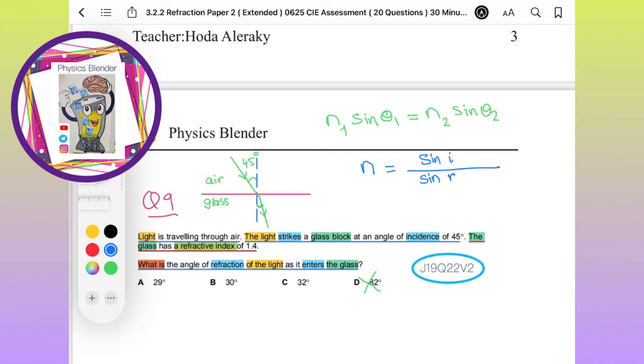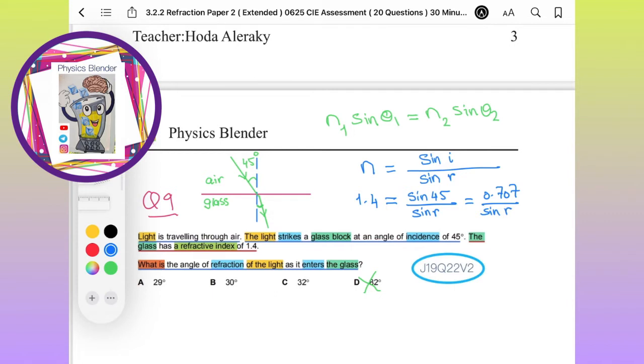When you apply this, the refractive index is 1.4 and the angle of incidence is 45. So by cross multiplication, 1.4 is equal to sine 45, which is 0.707, divided by sine r.